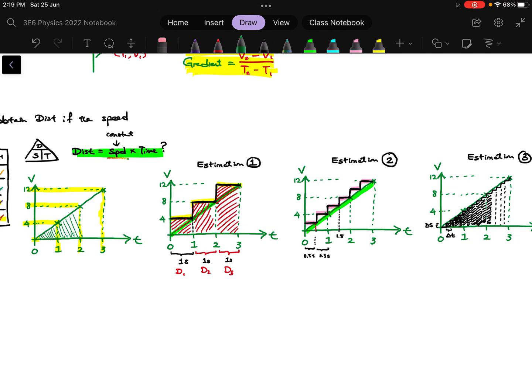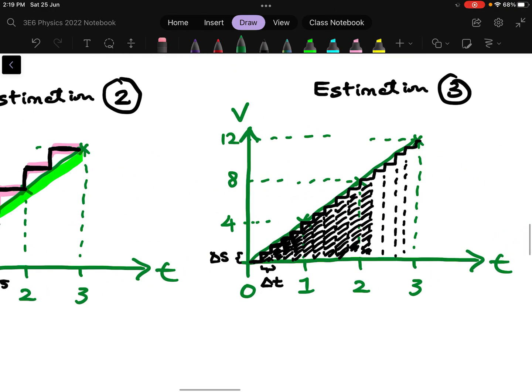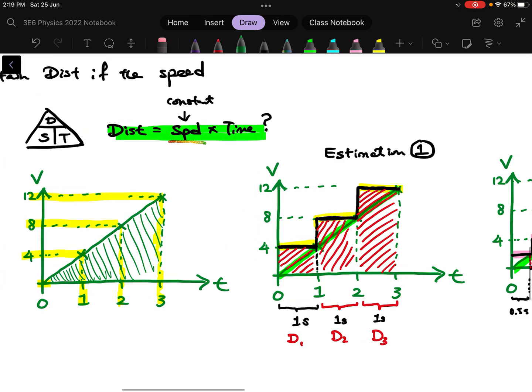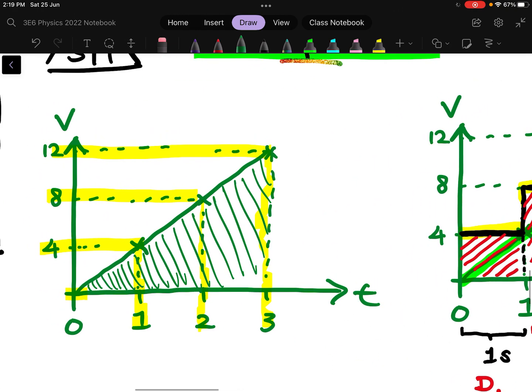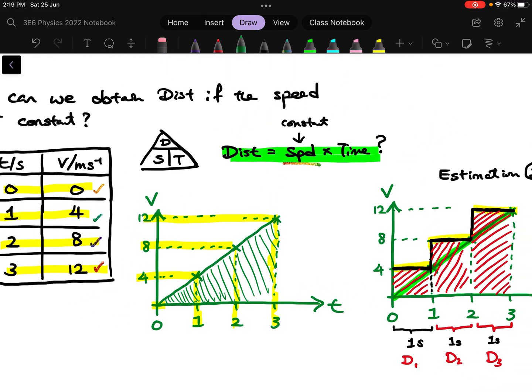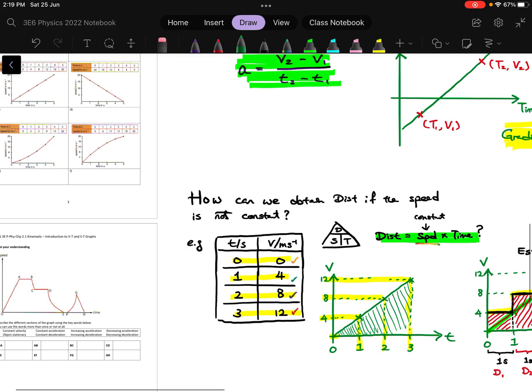Instead of finding very small areas of the strips of rectangles, I can actually just find the area under the VT graph, right?